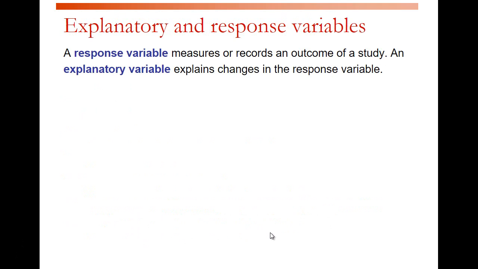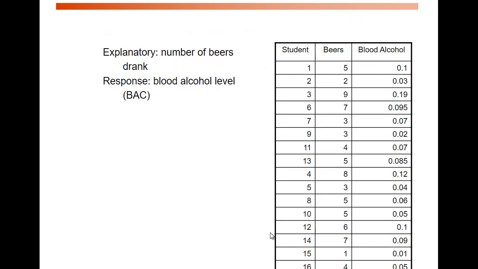So a response variable measures or records an outcome of a study. An explanatory variable explains changes in the response variable. So let's look at the example of the number of beers drunk versus blood alcohol level.